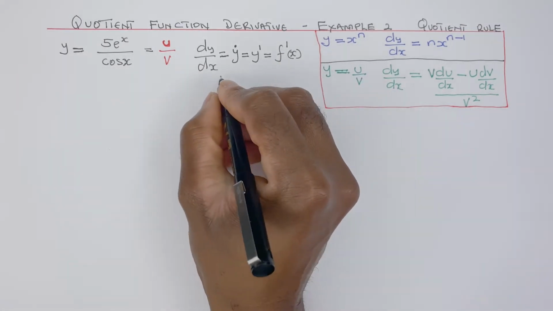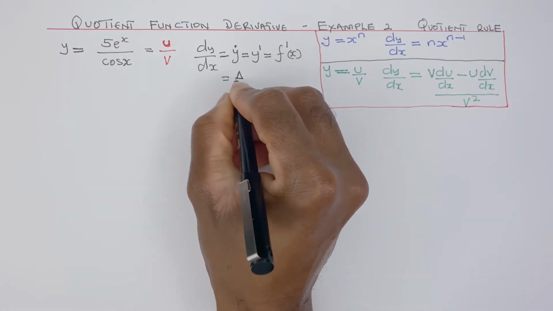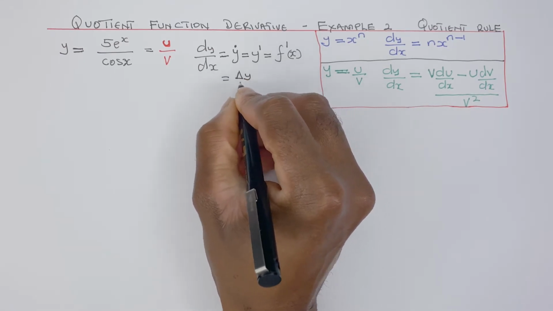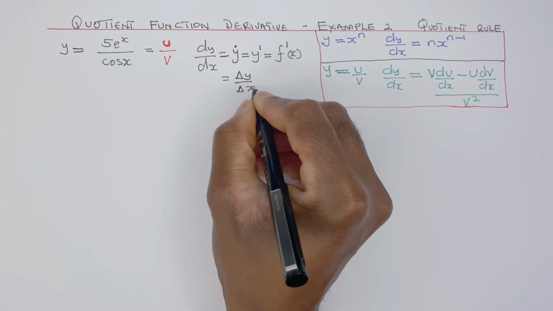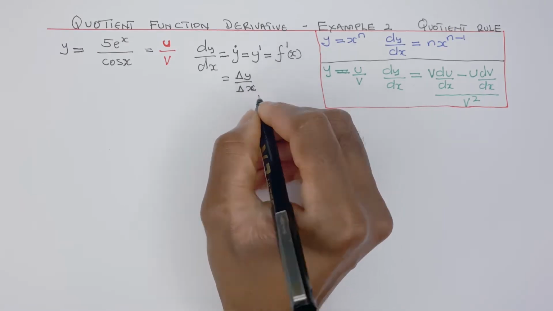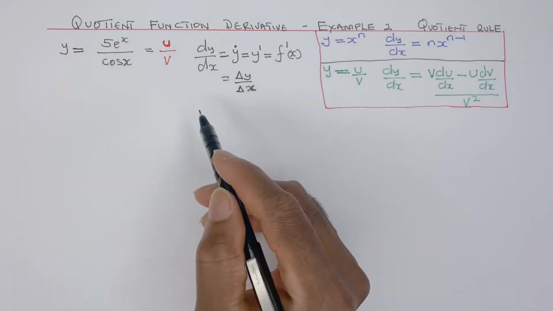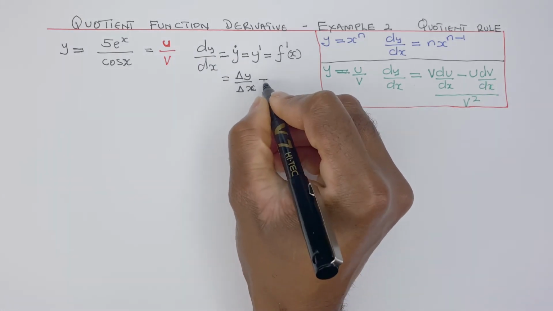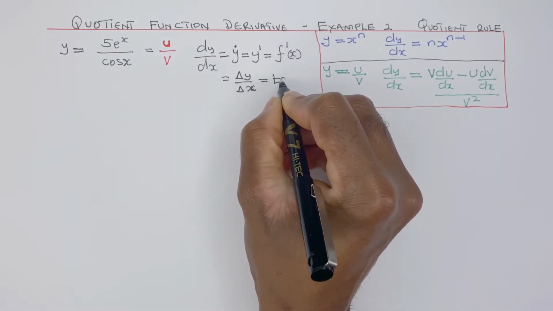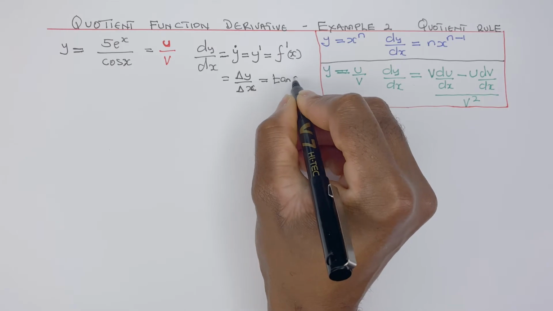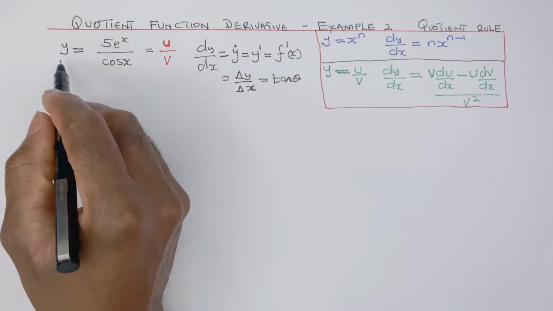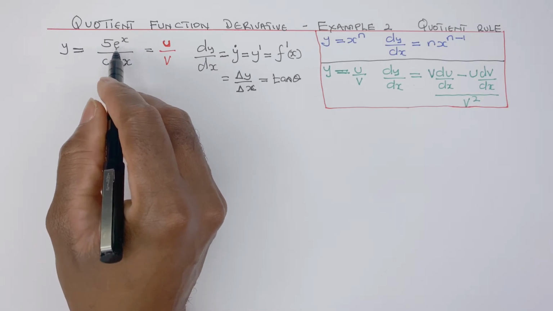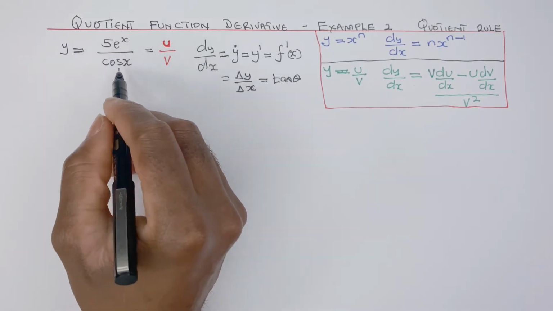Or you might see it as change in y over change in x, or rate of change of y with respect to x. So those are the ways of expressing differentiation. Or they might say tan of an angle theta, because they all mean differentiation really. Y equals 5e to the power of x divided by cos of x.